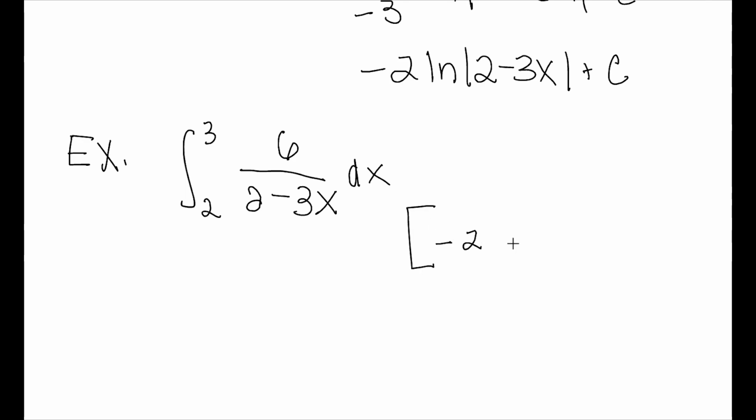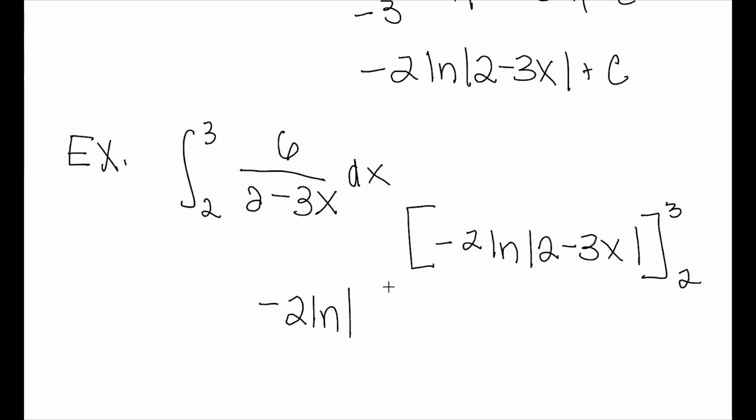So we have -2 ln of 2 minus 3x absolute value between 2 and 3. Okay, so 2 minus 9 gives you -7.